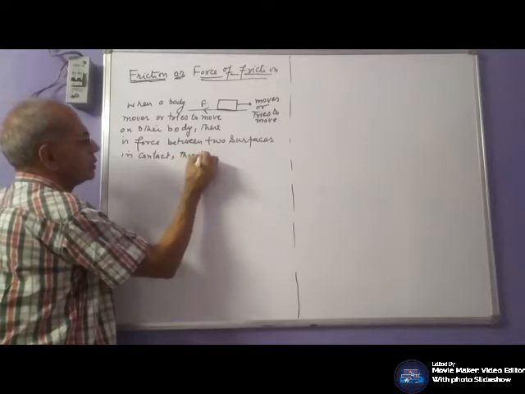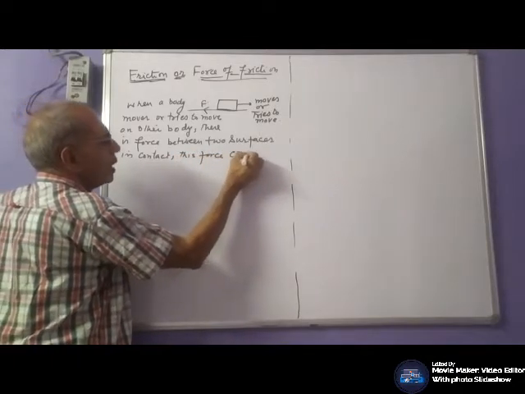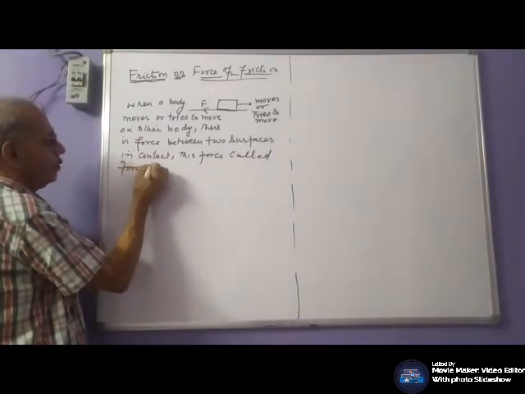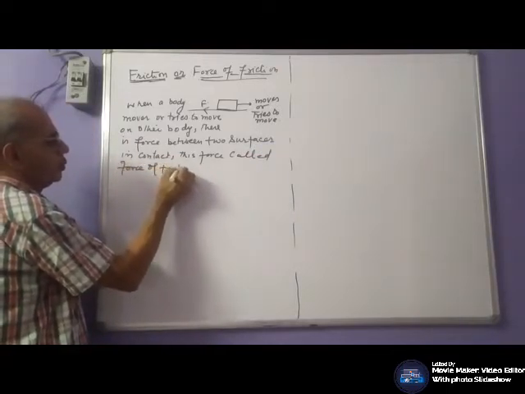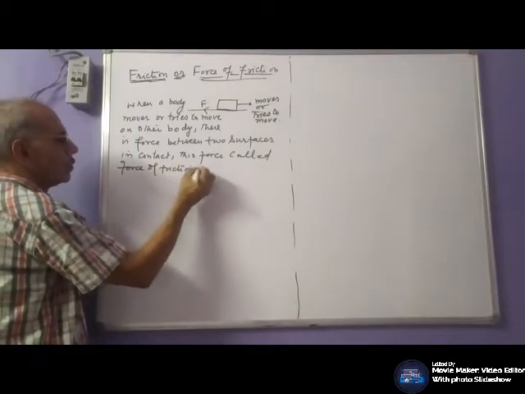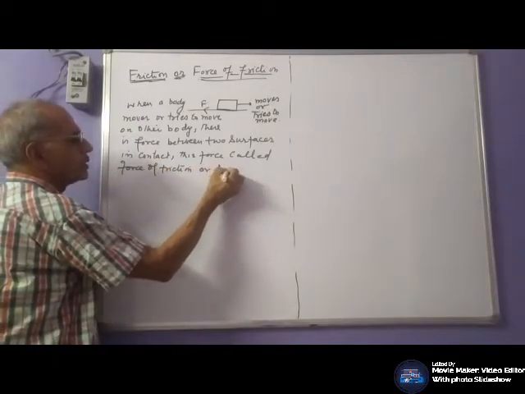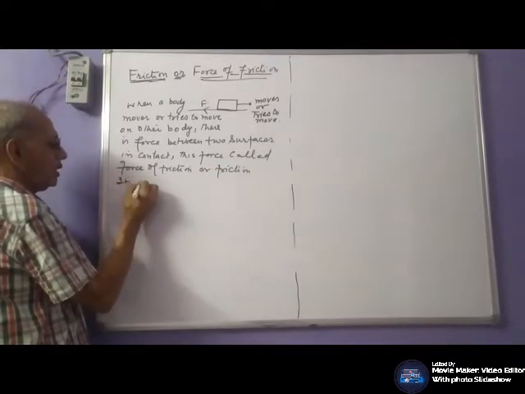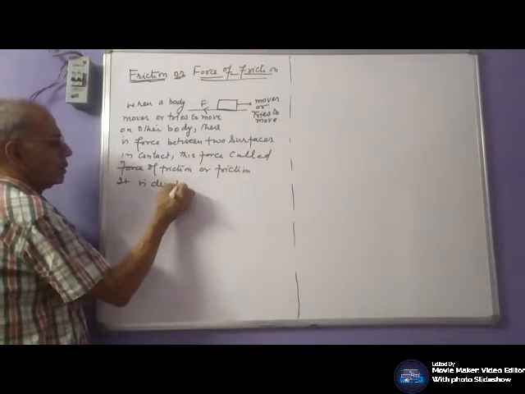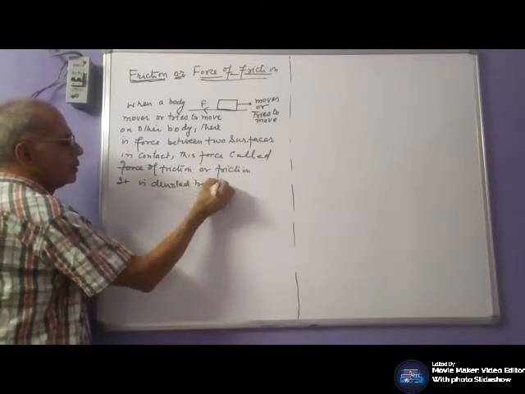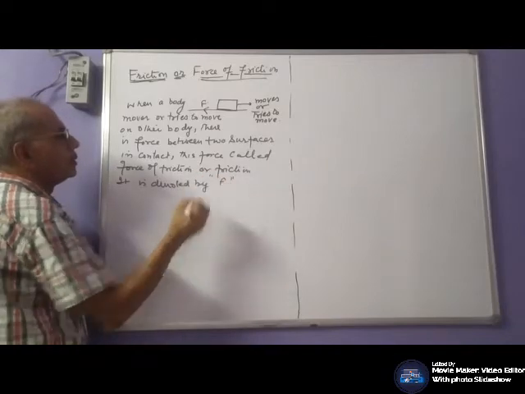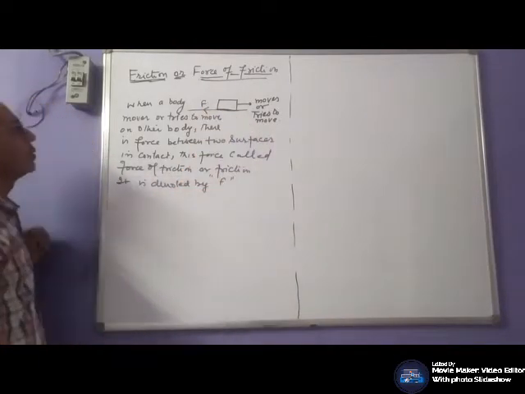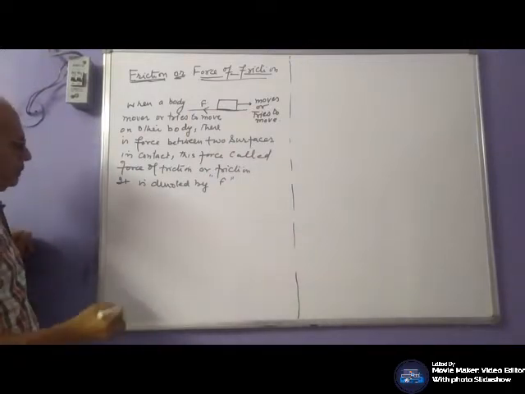This force is called force of friction, or simply friction. It is denoted by F, capital F. Here the surfaces are in contact. This is that force. This is force of friction.